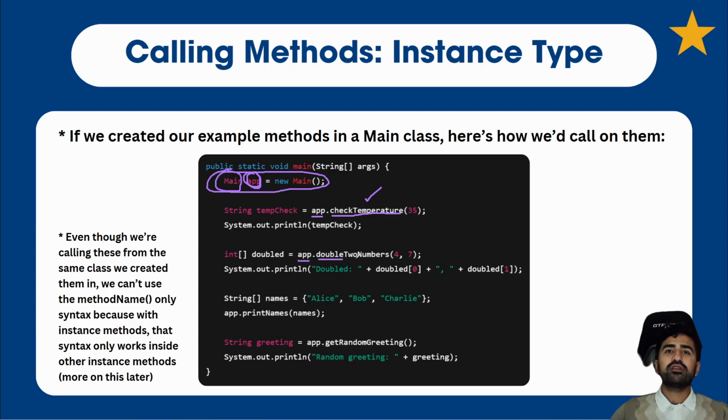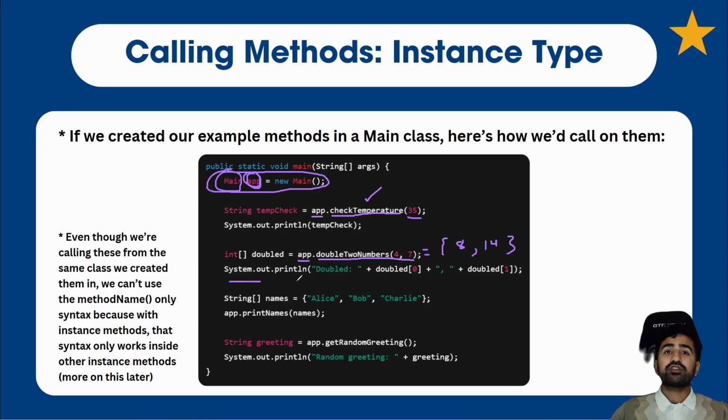Same with this one. And then, of course, these have arguments. Check the temperature. I think this one would be hot, right? This is too hot. This would double the numbers, so the output doubled array would actually be, let me see if I could get my curly braces, 8 and 14. It'd be an array containing double the value of those two numbers.